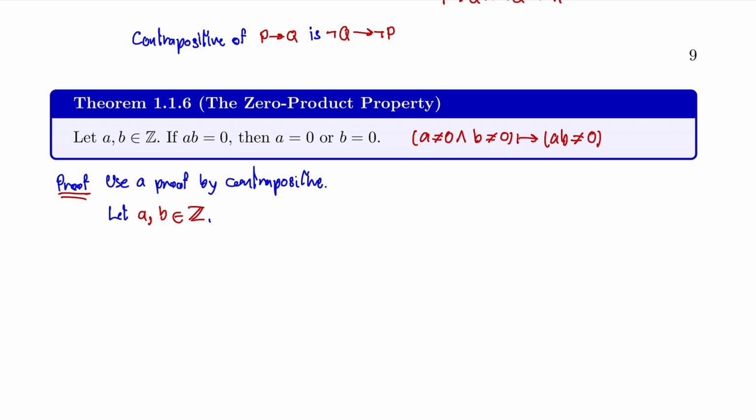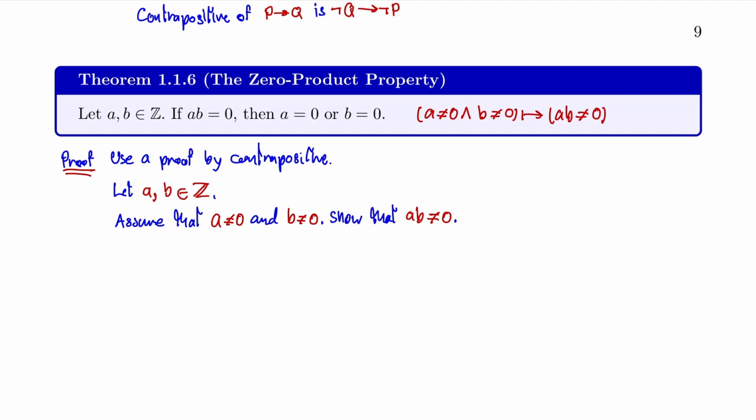So I'm going to assume that this statement is true, meaning a is not 0 and b is not 0, and try to show that a times b is not 0.